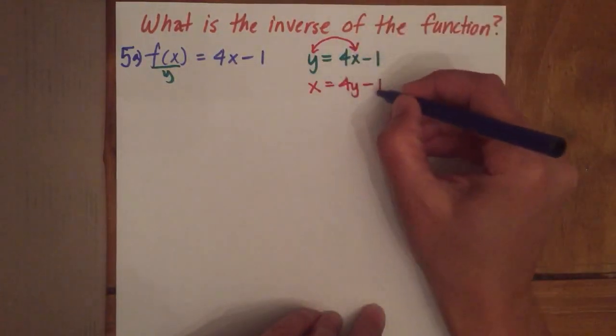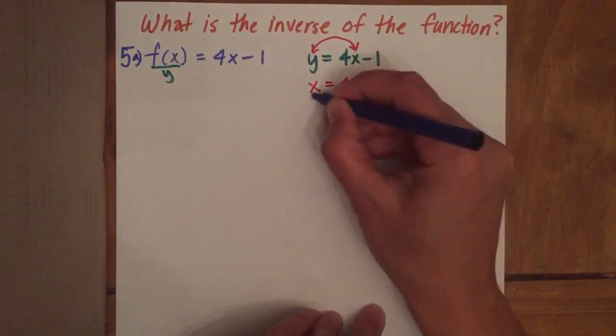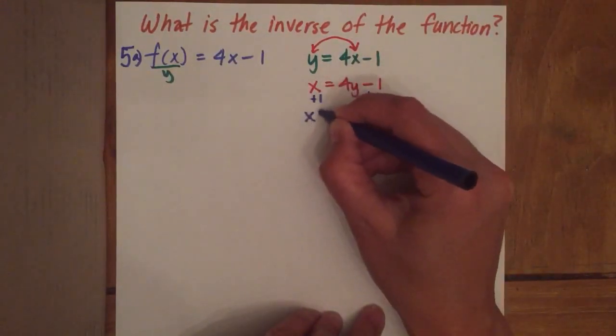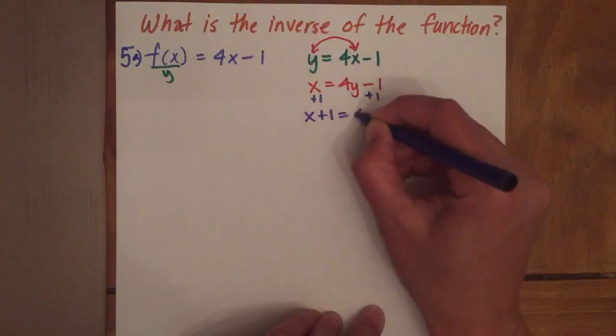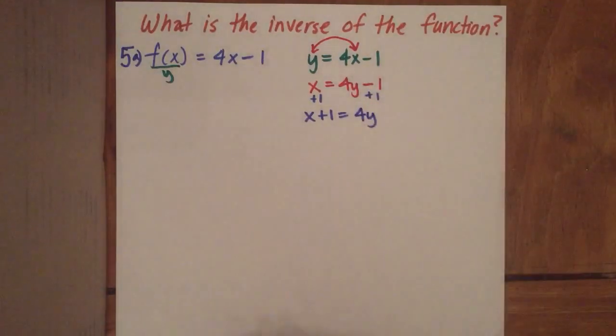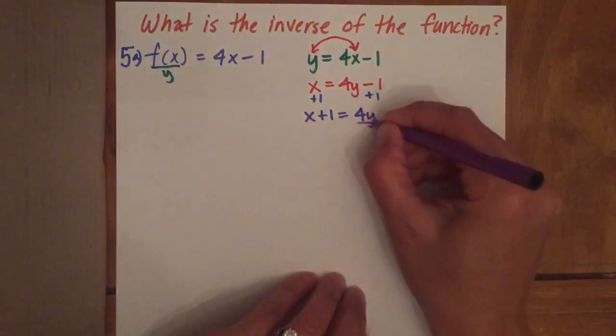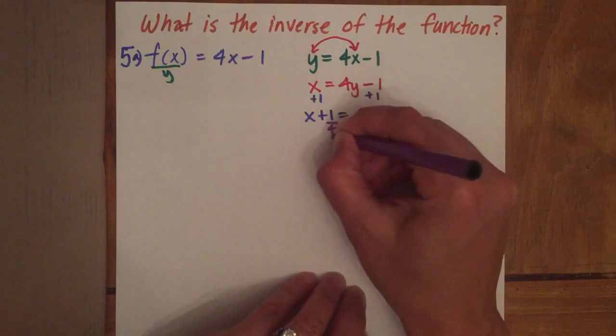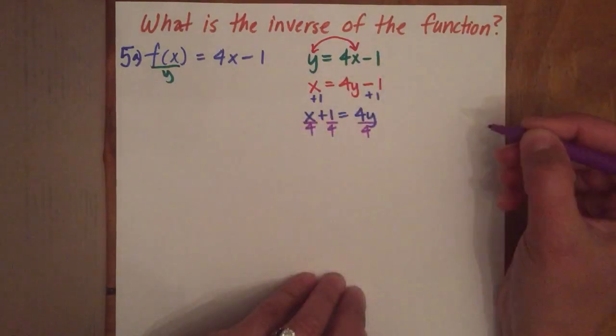So I'm going to take the 1 and add it to both sides. That leaves me with x plus 1 equals 4y. But I want to solve for y. I want to solve for 1y, not 4y. So I'm going to divide everything through by 4.